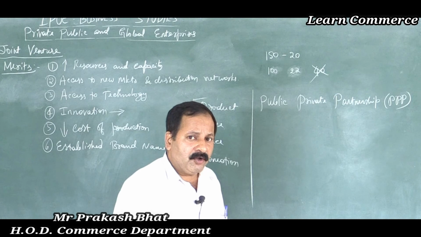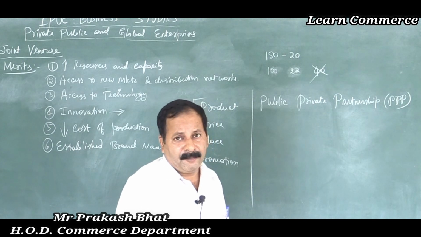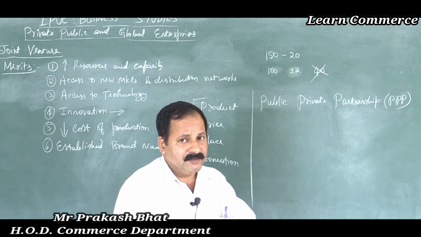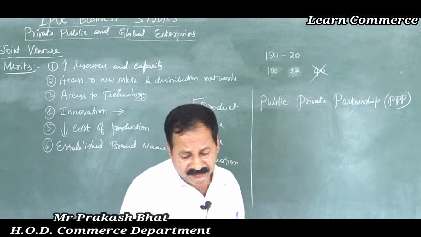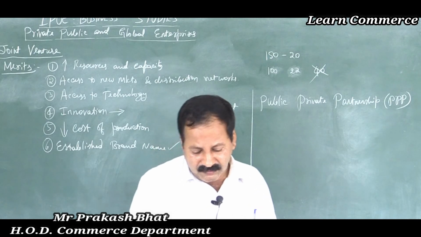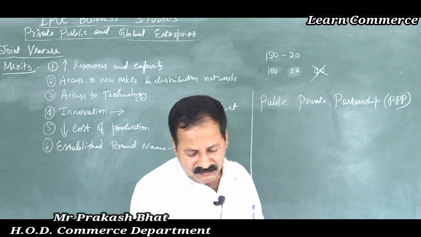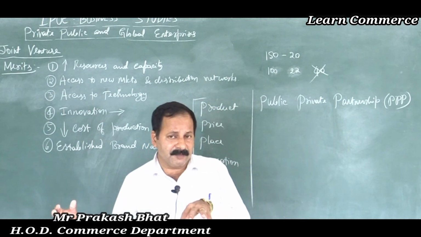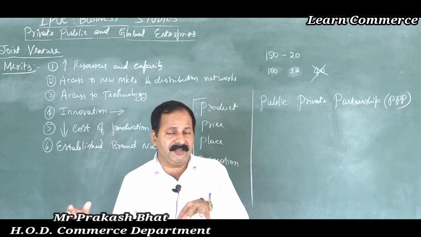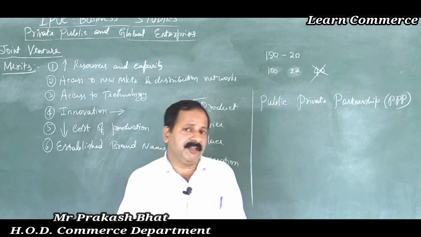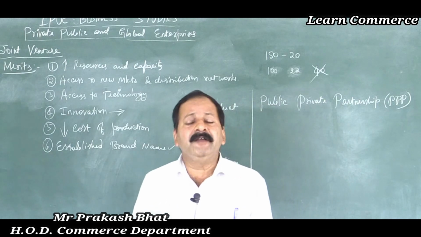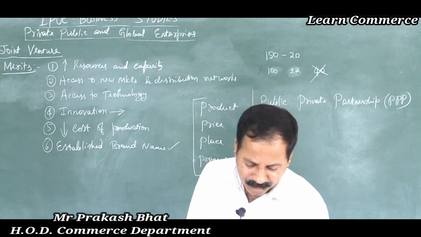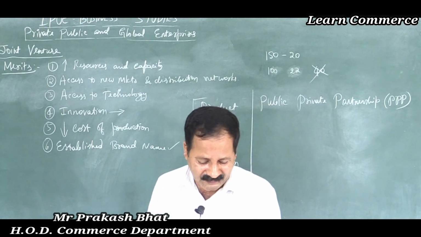It is a partnership, a combination of government and private parties, like government departments, municipalities, or even government entities, ministries. They can join with private participants, private investors, and a joint venture can be formed, which is called public private partnership. It may be asked for 1 mark or 2 marks, not more than that.